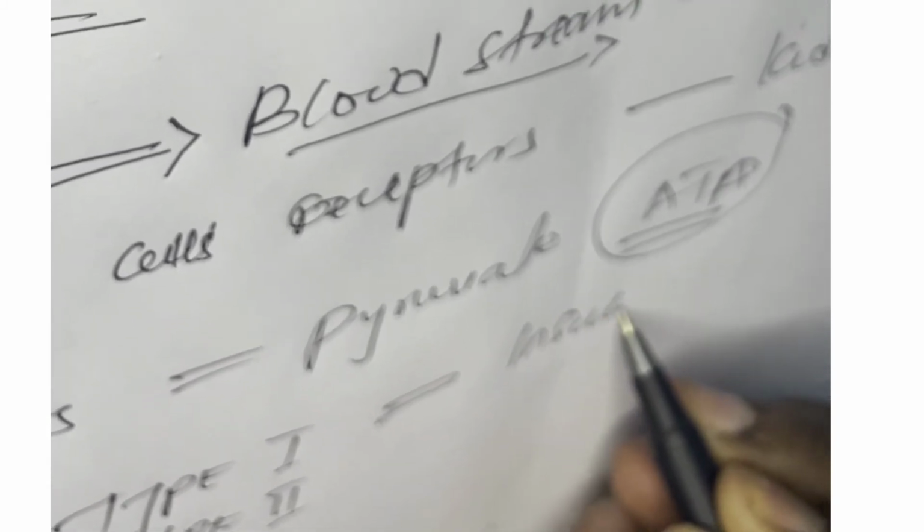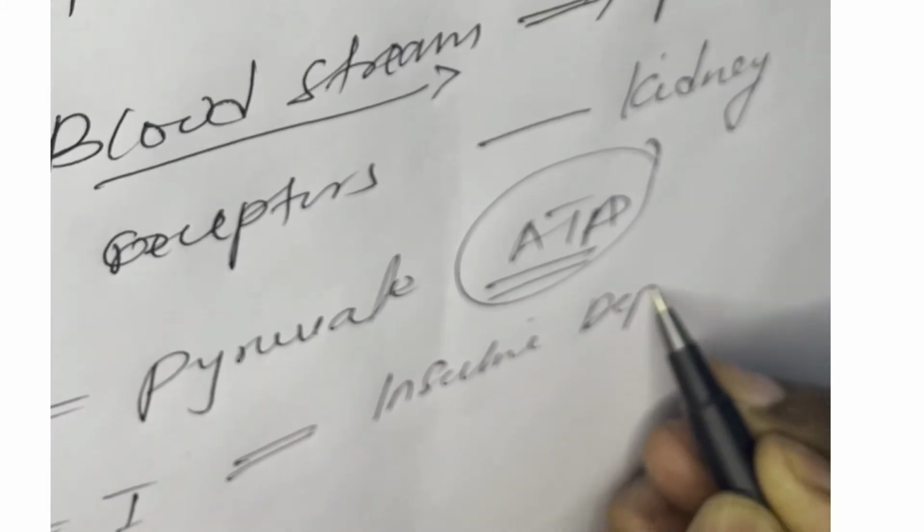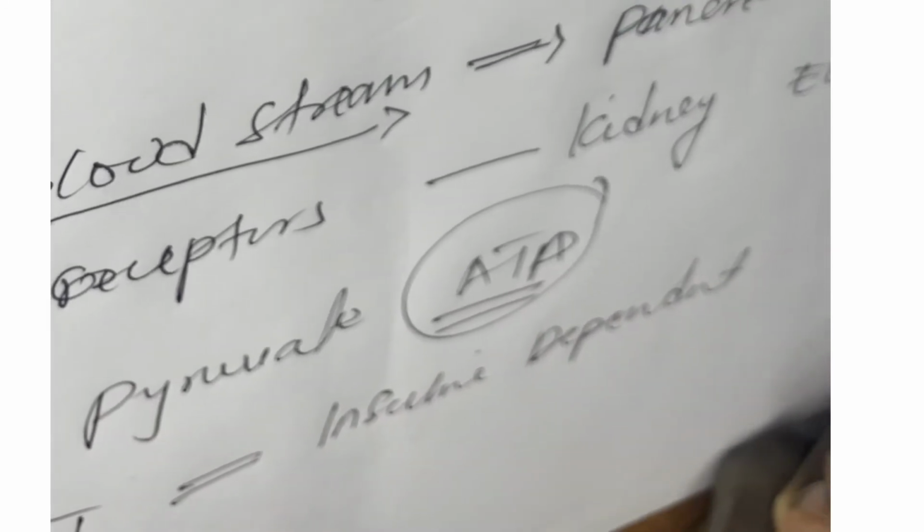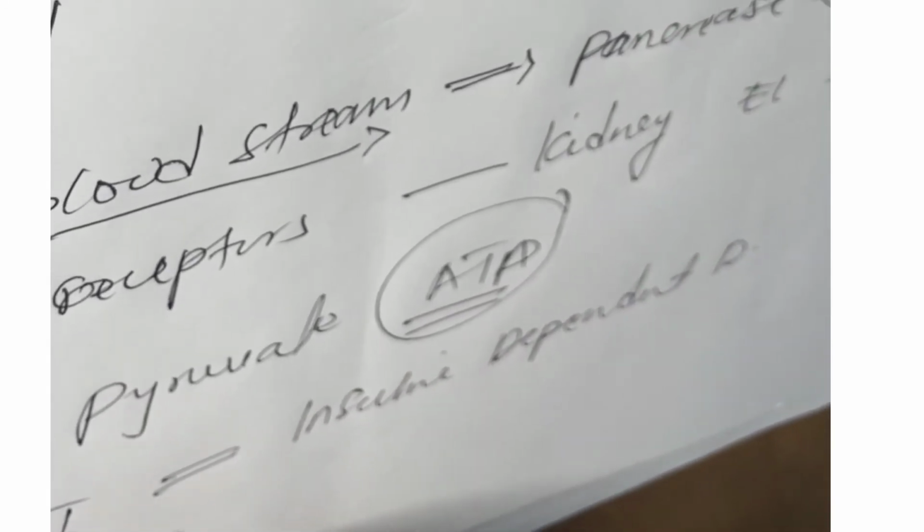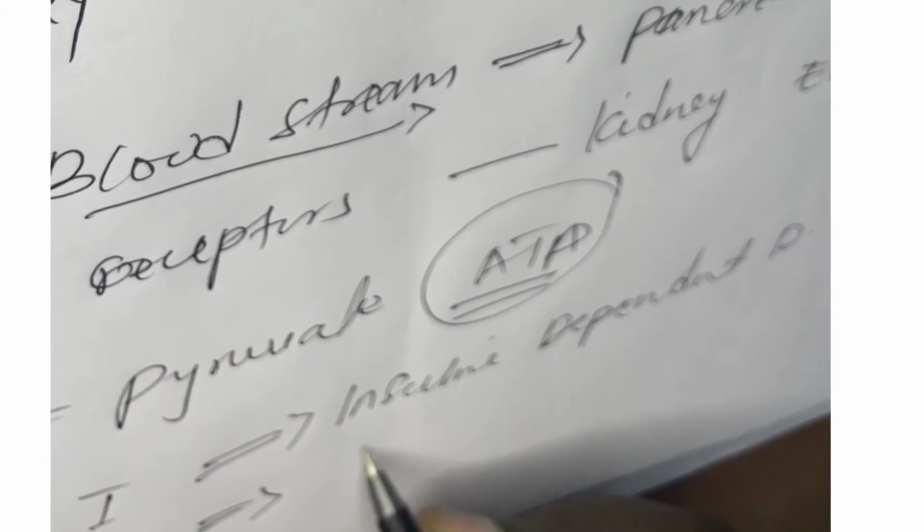Type 1 is what we call insulin dependent diabetes, while the second one is what we call insulin resistance.